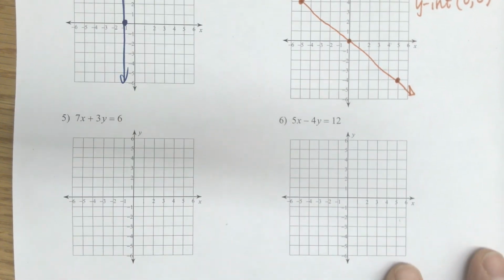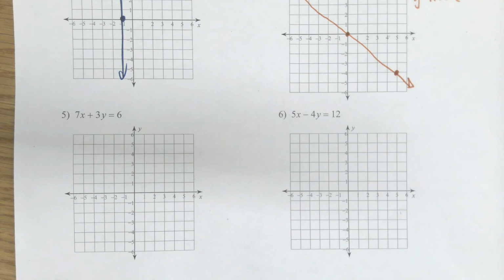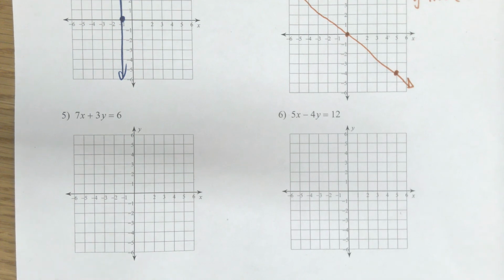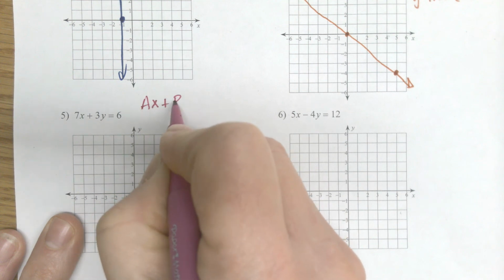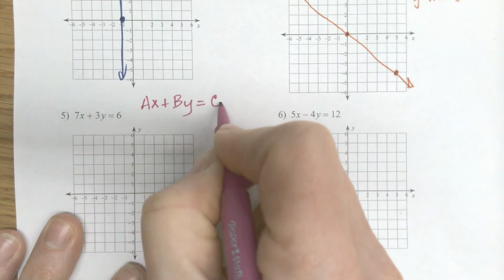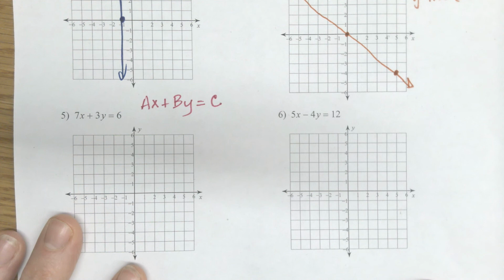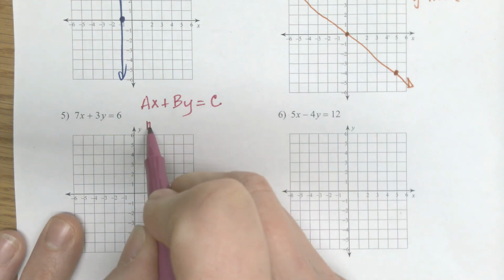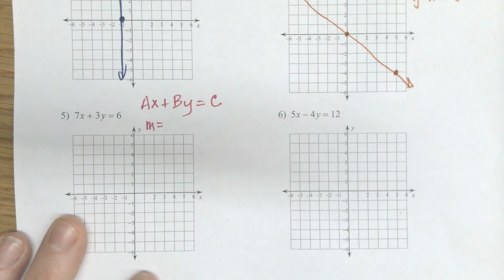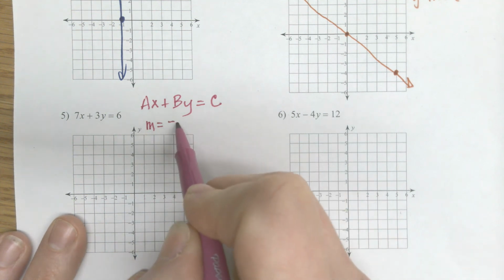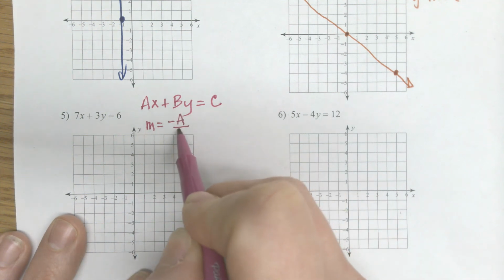When I have problems in standard form, it's ax plus by equals c. And my slope uses two of the letters. It's the opposite of whatever a is over b.